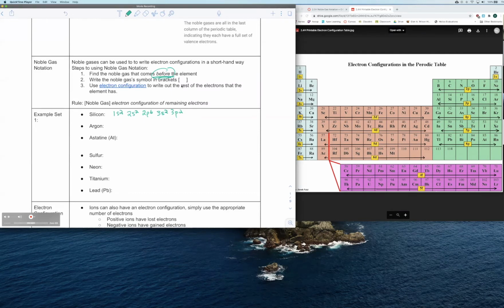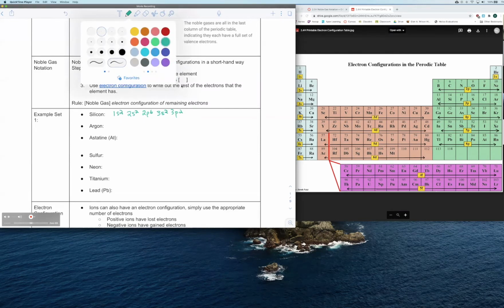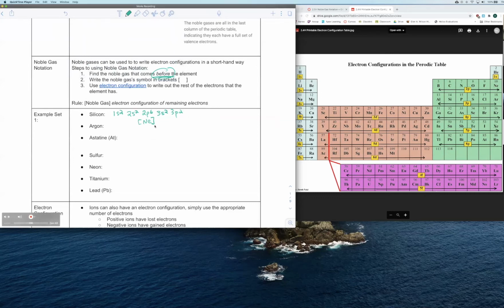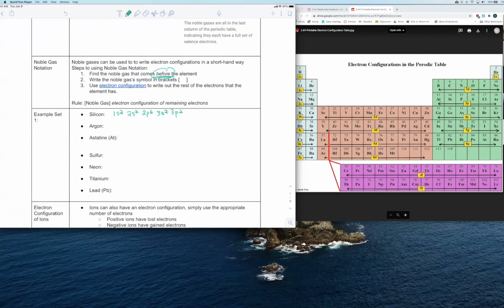And if you want to do the noble gas notation, you look at silicon and again choose the noble gas that comes before silicon. The row before would be neon. So I'm going to write out neon and put the symbol in brackets. Actually, I'm going to do it over here so we have more space.